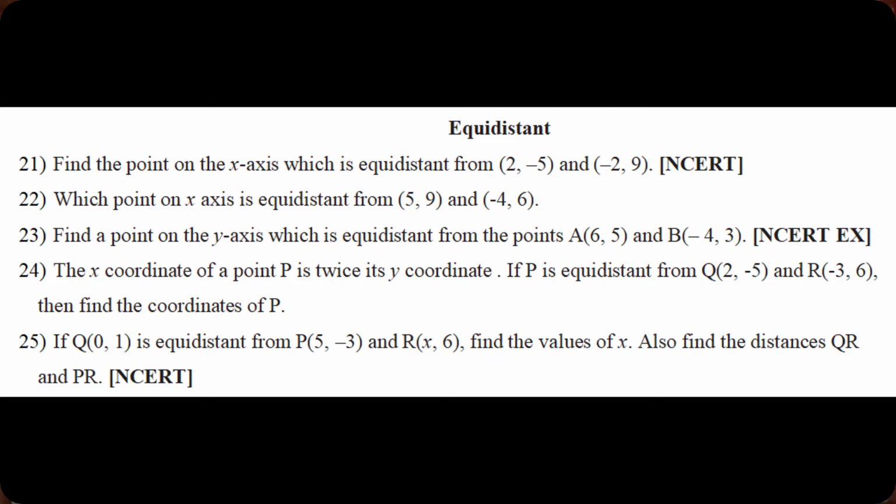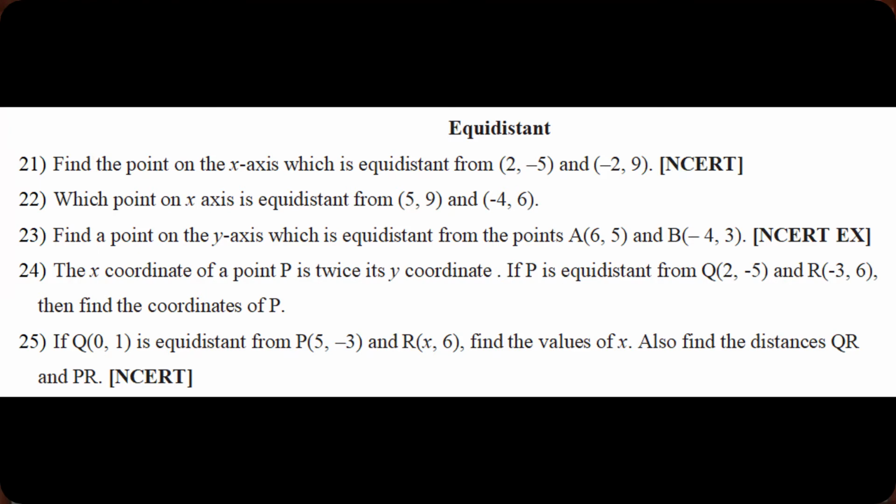Okay, it is similar to question number 24, but in question number 24 the coordinates of P are actually unknown. P is equidistant, but here Q is equidistant from P and R, the coordinates of Q are already known, but the coordinates of R are unknown.